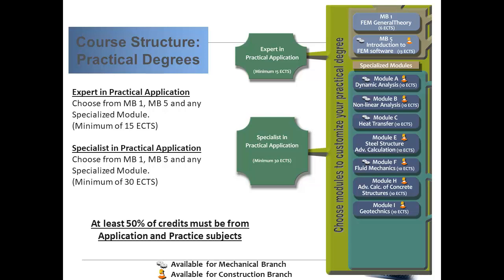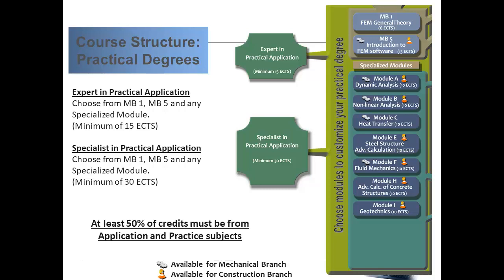Students for these practical degrees can choose MB1, Basic Module 1, which is the general theory of the finite element method. Depending on the number of credits, you have the expert in practical application degree or the specialist in practical application degree.